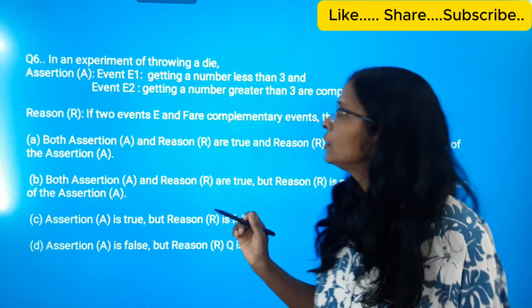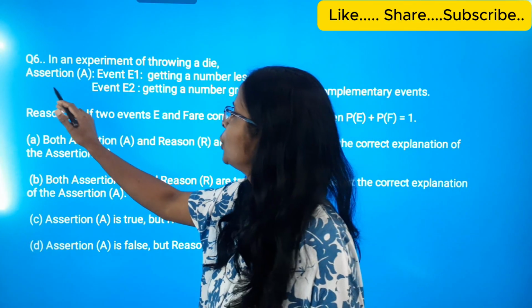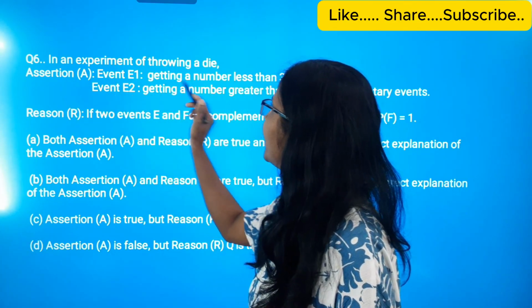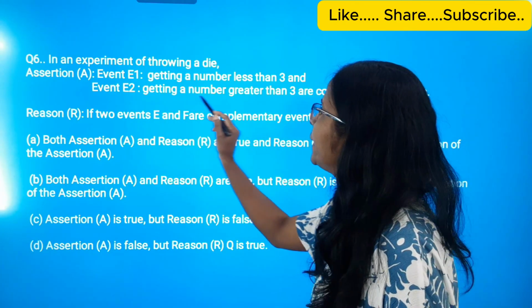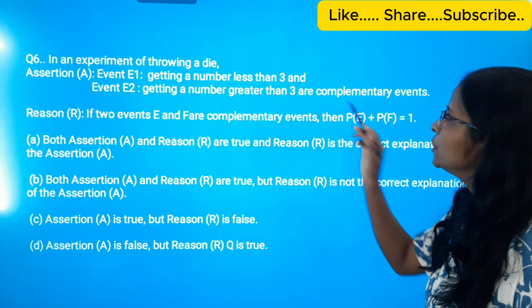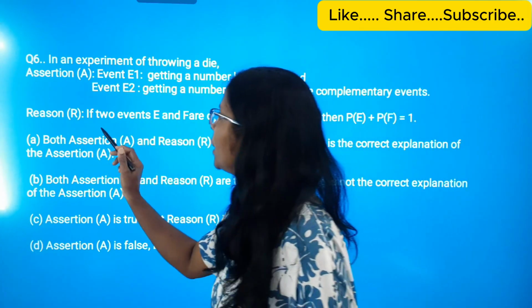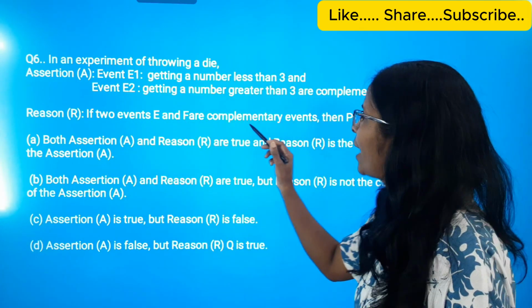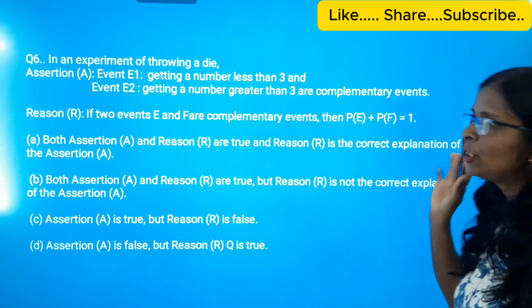Question 6, students. In an experiment of throwing a die, assertion: event E1, getting a number less than 3, and event E2, getting a number greater than 3, are complementary events. Reason: if two events E and F are complementary events, then P of E plus P of F is equal to 1.